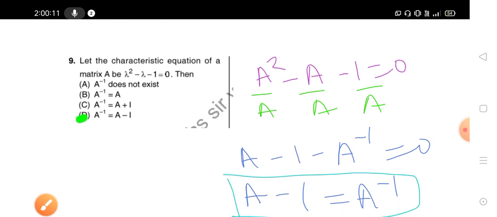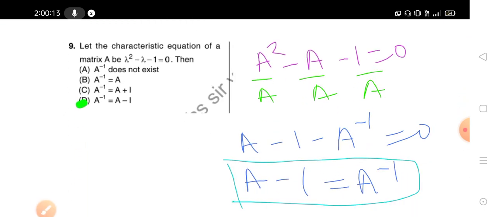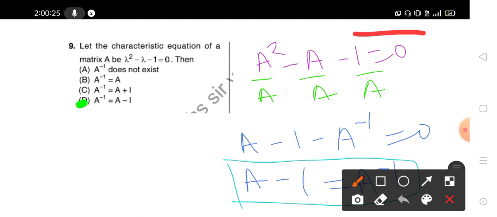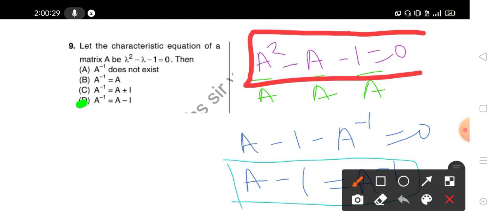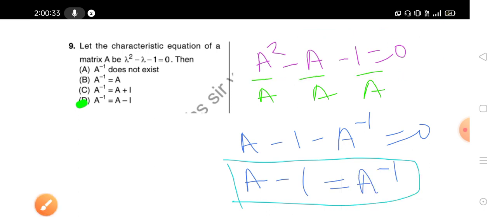Next question. Let the characteristic equation of a matrix A be lambda square minus lambda minus 1 equal to 0. Then given options, find A inverse. By the Cayley-Hamilton theorem, that is written as A square minus A minus 1 equal to 0.